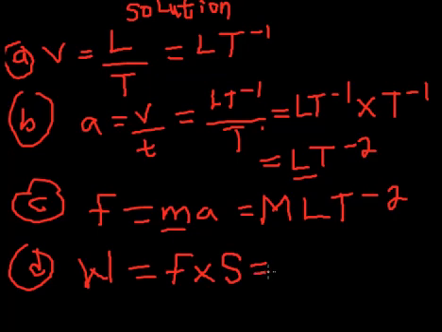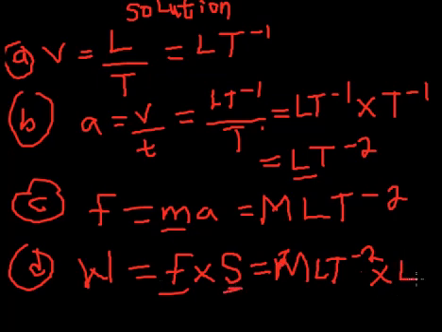We have already evaluated force, so we just write the dimension of force, that's MLT raised to the power of minus 2, then times distance, which is represented by L. So L times L gives me L square, and I'm going to have ML square T raised to the power minus 2. That's it. I hope that is well understood.